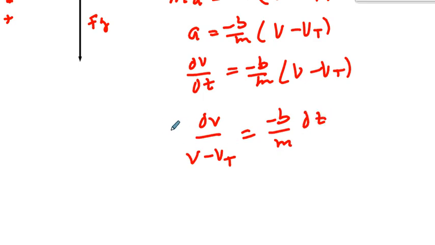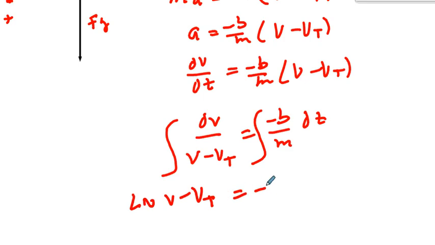Now we're going to do an indefinite integral on both sides. So I'm doing the integral symbol on this side, the integral symbol on this side. Now the integral of dv over v, if you remember the natural log, the derivative of natural log of x gives us 1 over x. So when I integrate this side, I'm going to get the natural log of v minus vt.